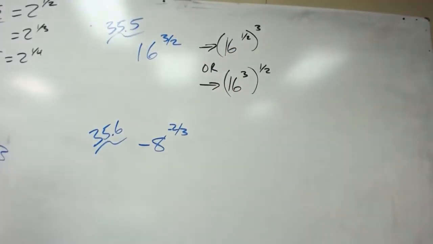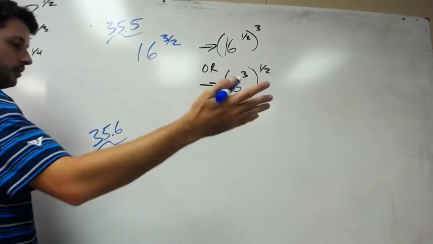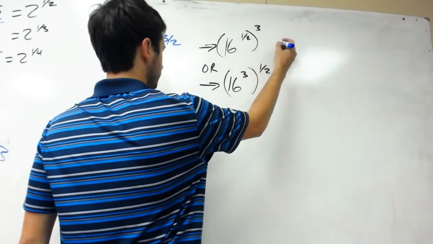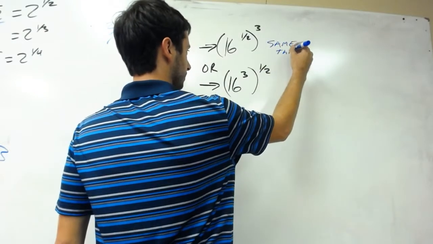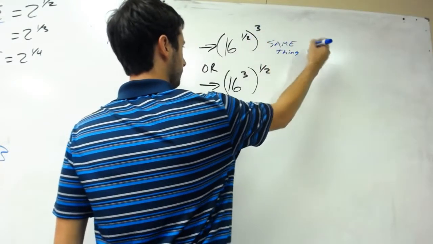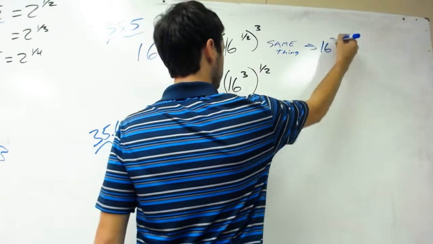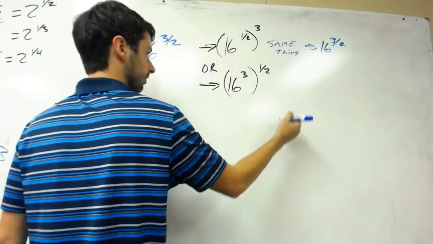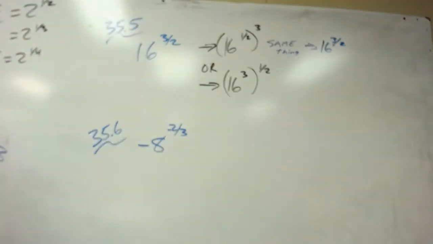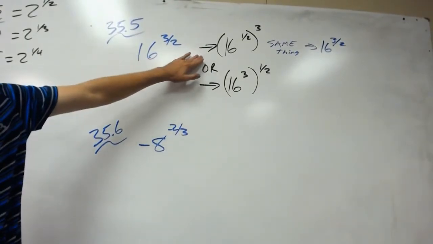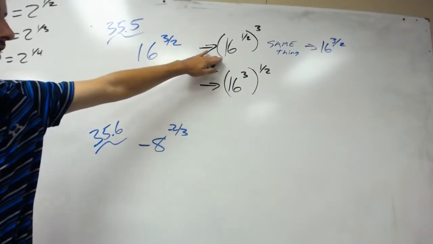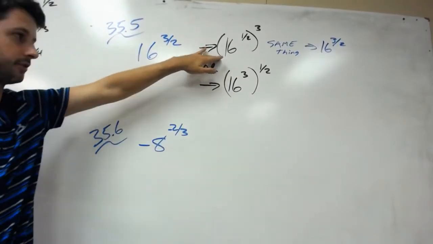You can do either, because if you remember the power rule, when you would multiply those, that would be 16 to the 3/2 power for both of them. But we just broke it down the opposite way. We kind of factored it out.